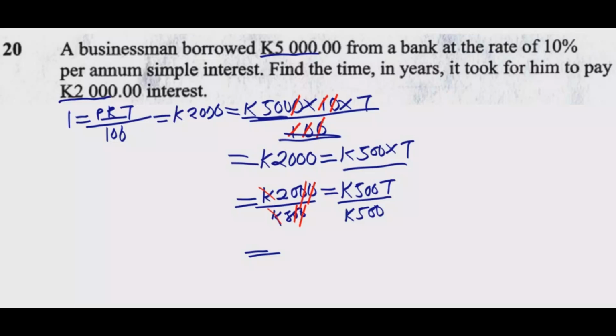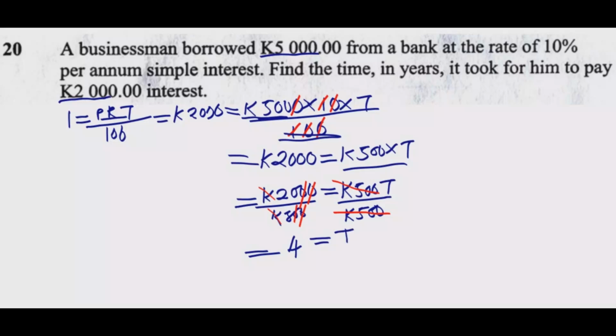So 5 into 20 goes 4 times, which will be equal to T, since this 500 kwacha down and this 500 kwacha on top are cancelled, leaving us with the T.